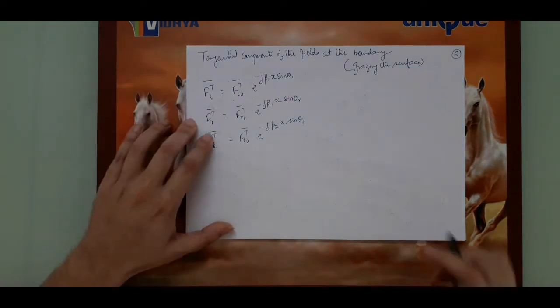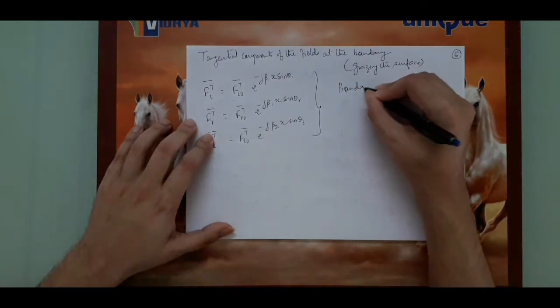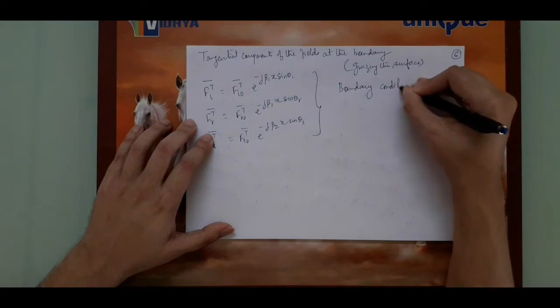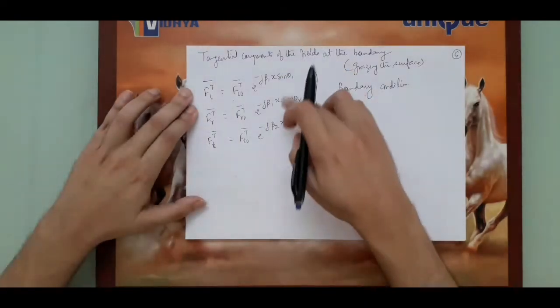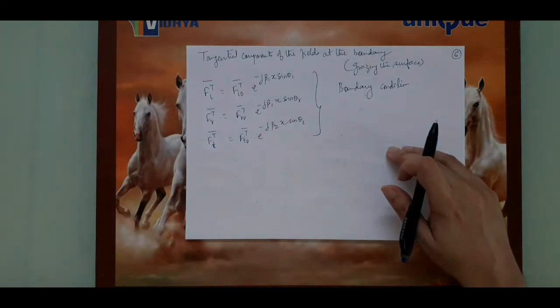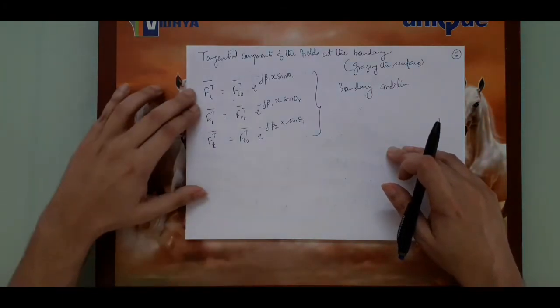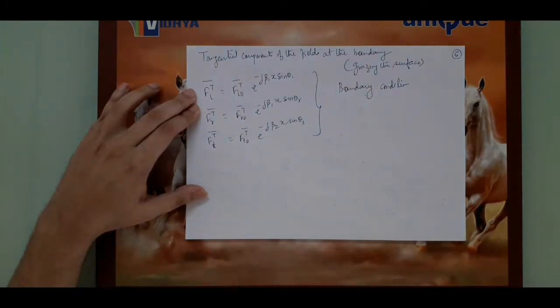So as per the boundary condition, the net tangential field on medium 1 must be equal to the net tangential field on medium 2. That means the tangential component sum of the incident and reflected field should be equal to the field that is transmitted.